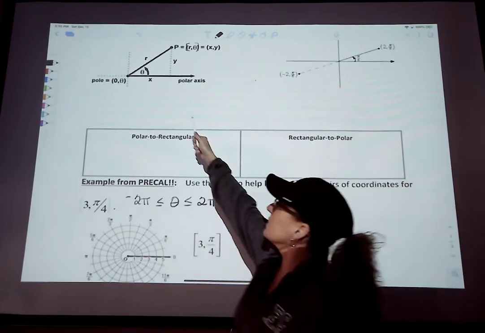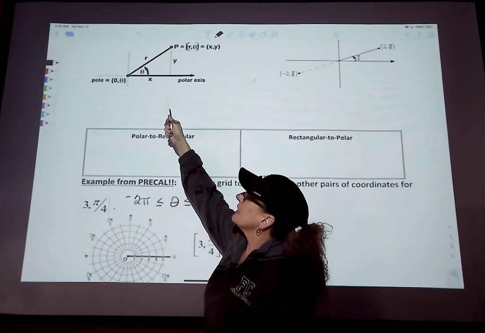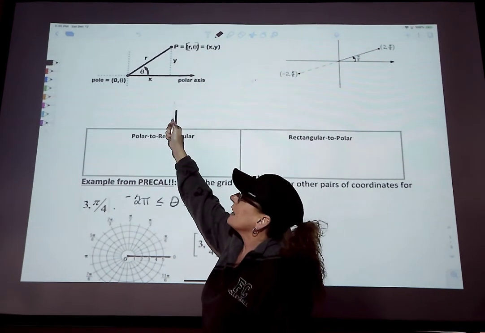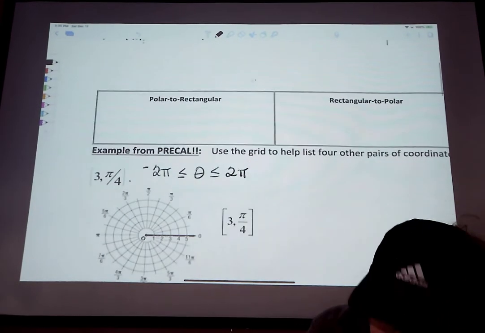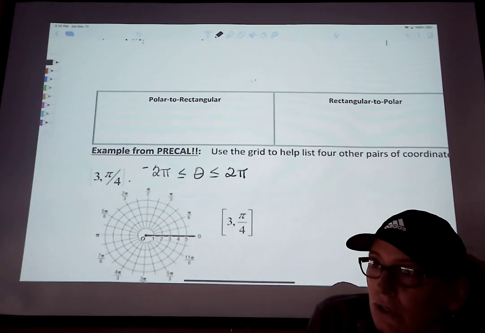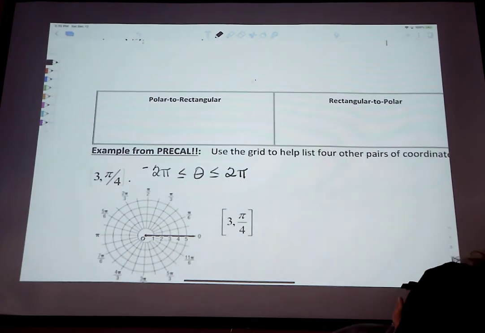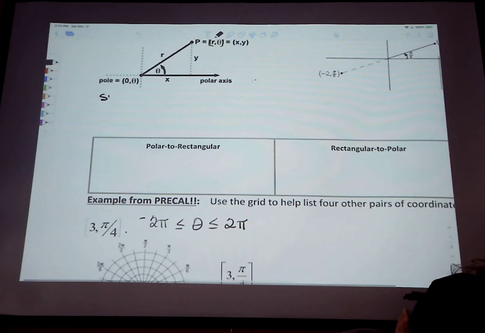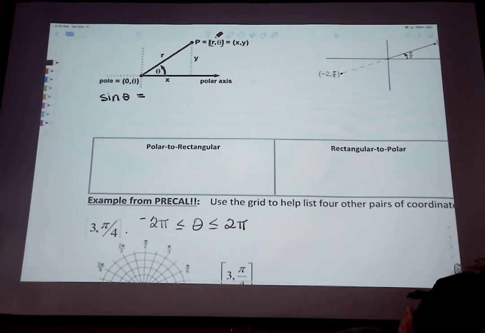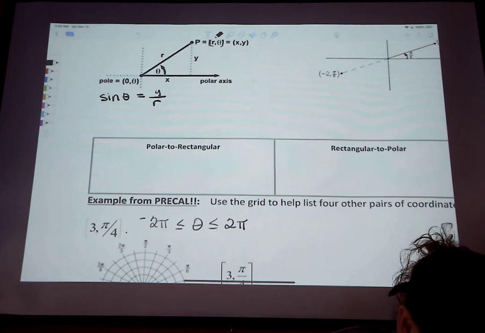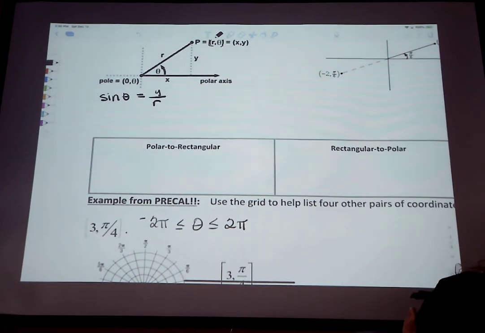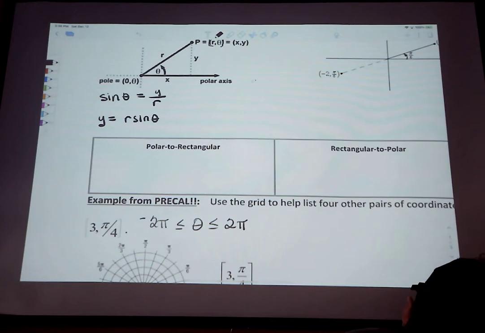All right, so the relationship up here between theta, x, y, and r, and we did this in vectors the other day. We know that sine of theta is opposite over hypotenuse. Therefore, y is equal to r sine theta.